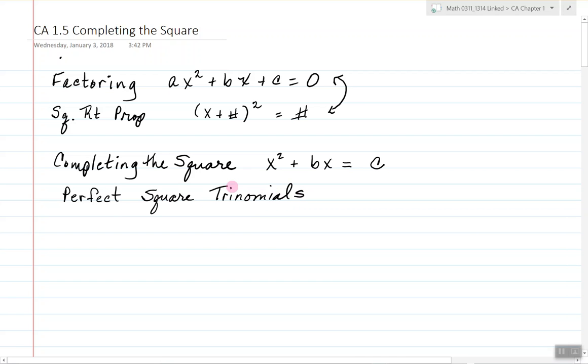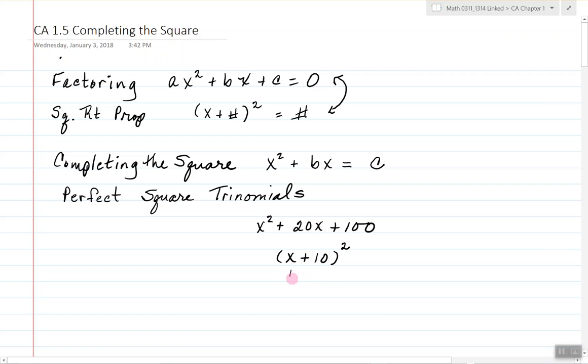We studied these when we studied factoring polynomials. These are trinomials like x squared plus 20x plus 100. That is a perfect square trinomial because if you factored it, it could be the square root of x squared, the square root of 100 is 10, sign from the middle.